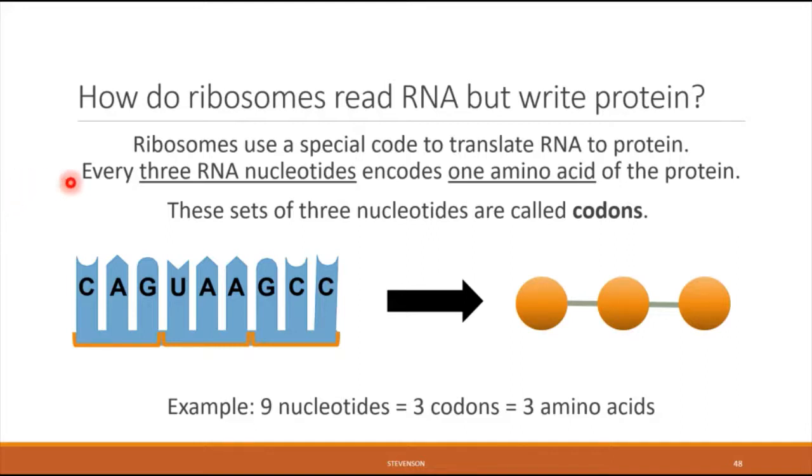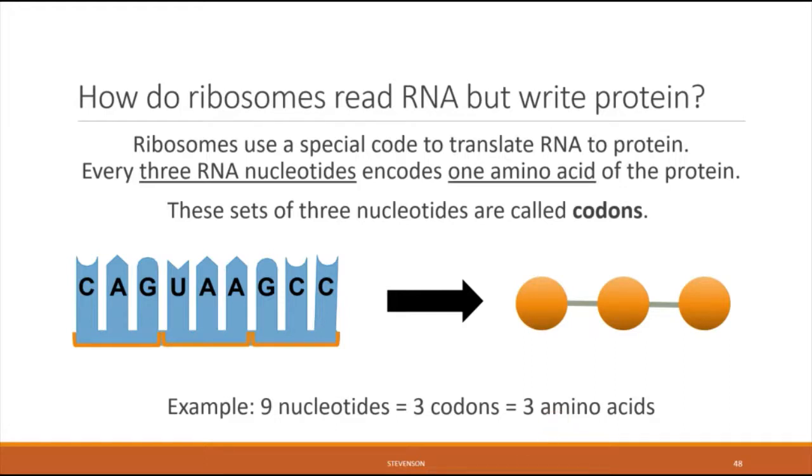Specifically, for every 3 RNA nucleotides that the ribosome reads, 1 amino acid is brought into the protein. These sets of 3 nucleotides we can think about as being the words in this cellular language, but they are called codons. So in the example right here, this segment of RNA contains 9 nucleotides, and therefore it would contain 3 three-letter words, which would yield 3 separate amino acids.